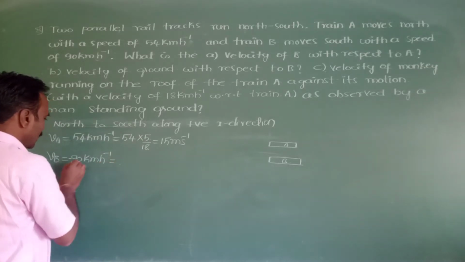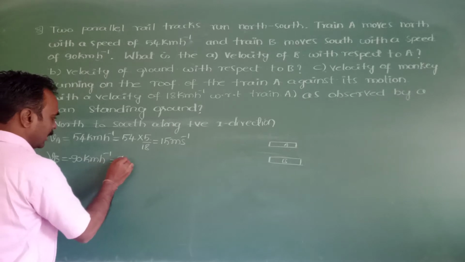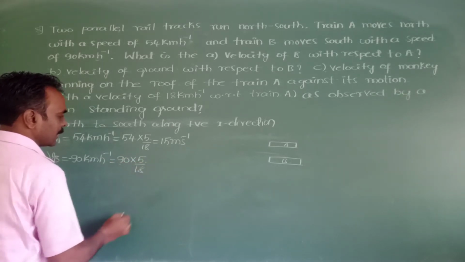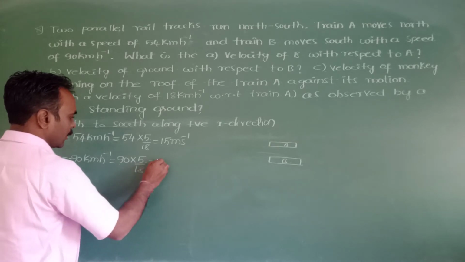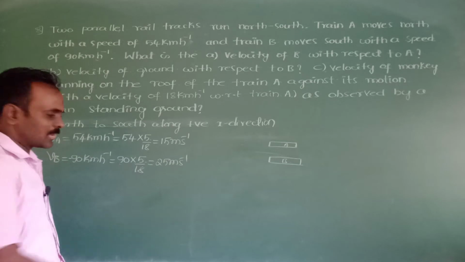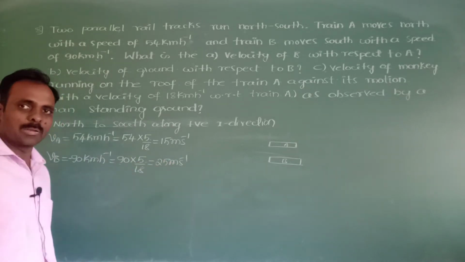Then here we should write 90 into 5 by 18. If you simplify this, we will get 25 meter per second.